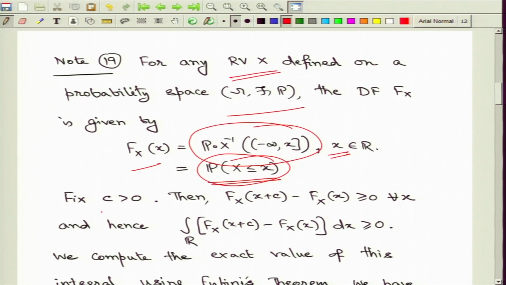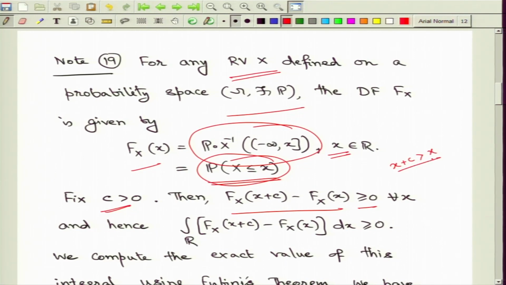Now, if you fix any constant c positive, then the distribution function, as we know, is a non-decreasing function. Therefore, this difference of the function values must be non-negative, because c is positive and therefore x plus c must be greater than x.